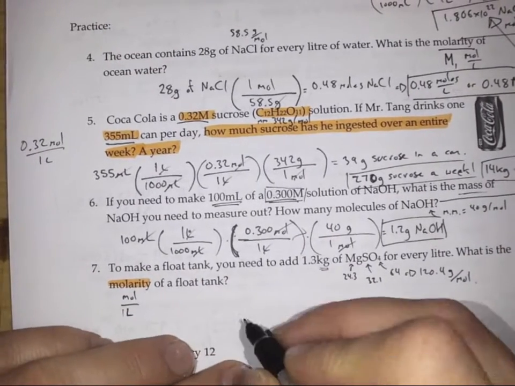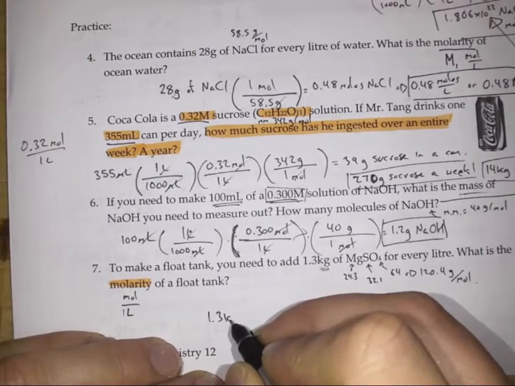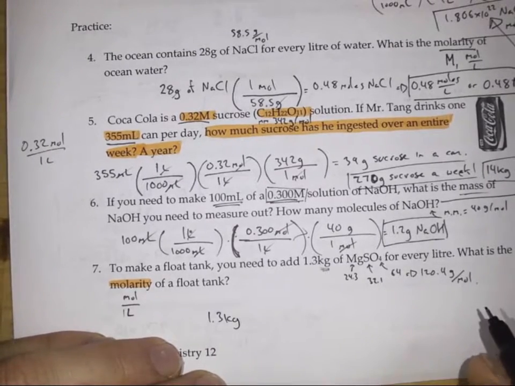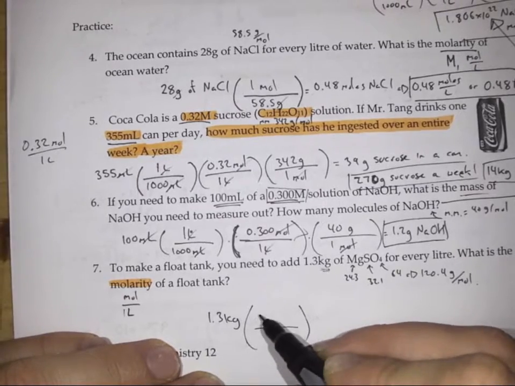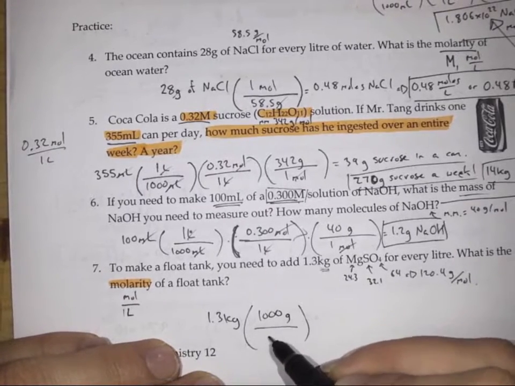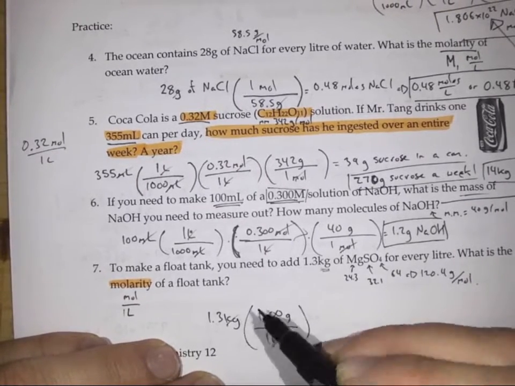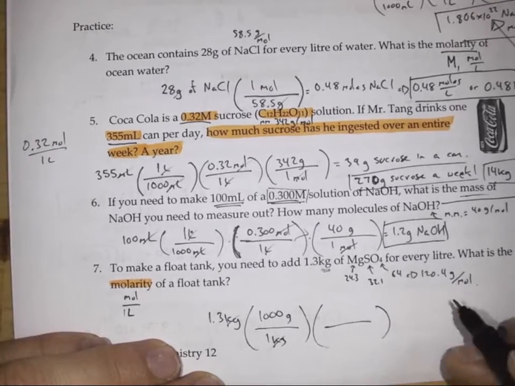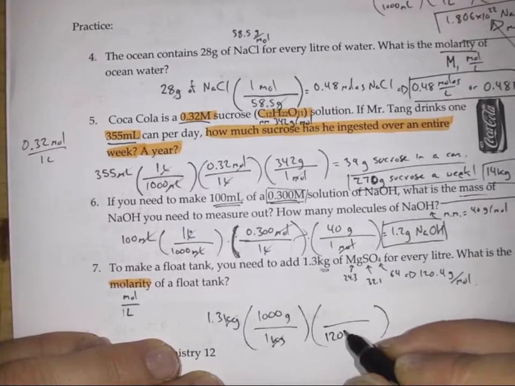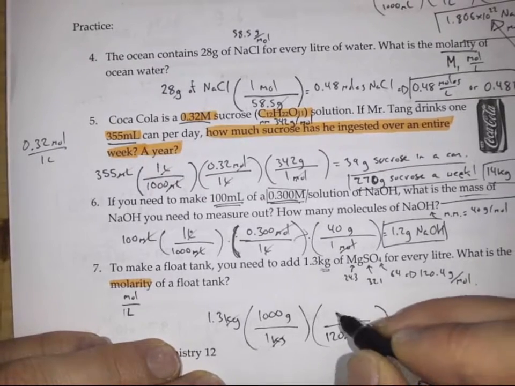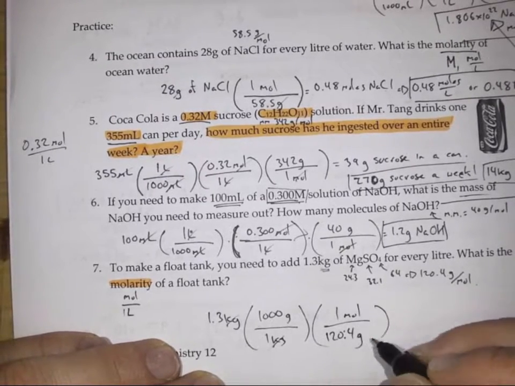All right, so that should allow me to convert 1.3 kilograms into moles. So first I'm going to turn these kilograms into grams. I know 1,000 grams are in a kilogram. And now I need to cancel out those grams. I'm going to take the 120.4 grams on the bottom and 1 mole on the top.